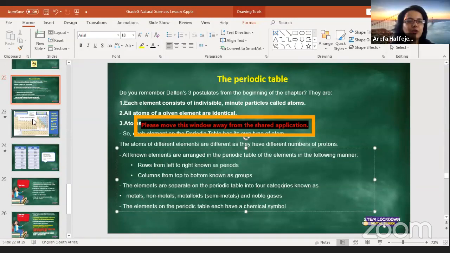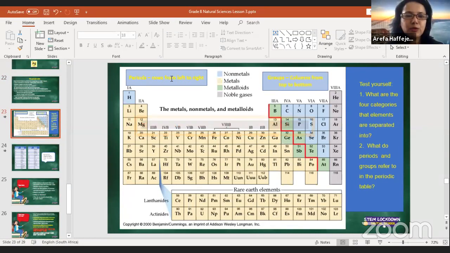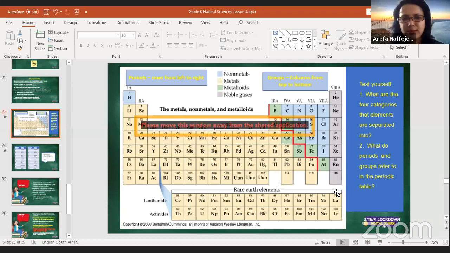So I'm going to show you a periodic table. Here, you have periods, which are rows that go from left to right. And then we have groups, which go from the top to the bottom. And then here we have non-metals, metals, metalloids, and noble gases. So these are the four different types of elements that make up this periodic table.